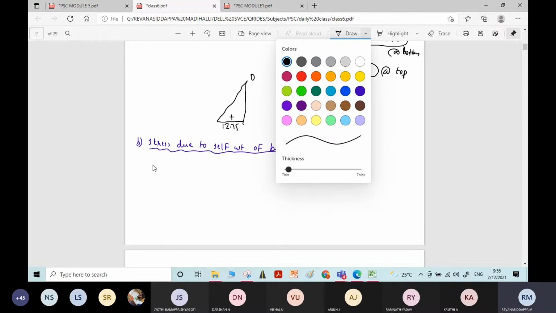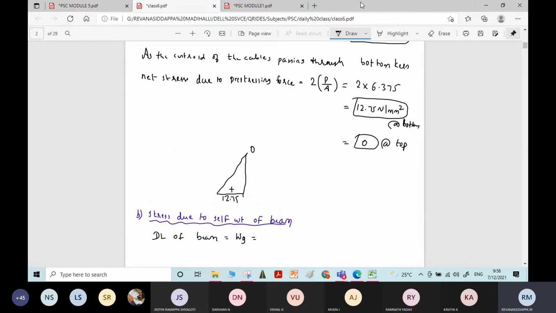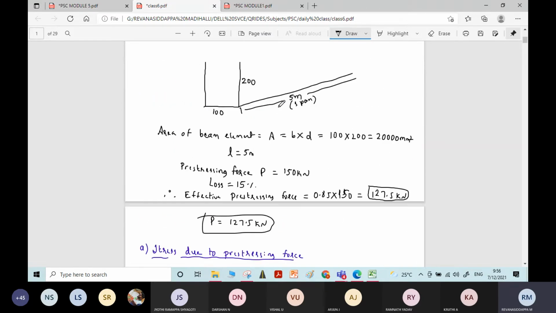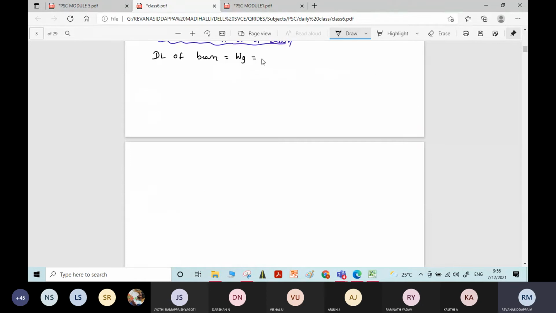Dead load of the beam is equal to W G. The cross section given is 0.1 by 0.2, so 0.1 into 0.2 into 24, which is the density.